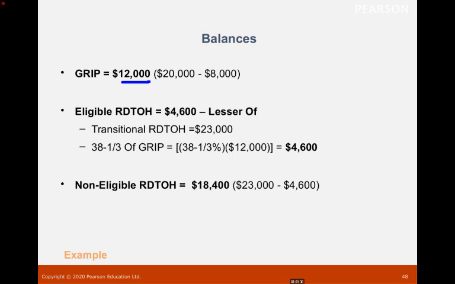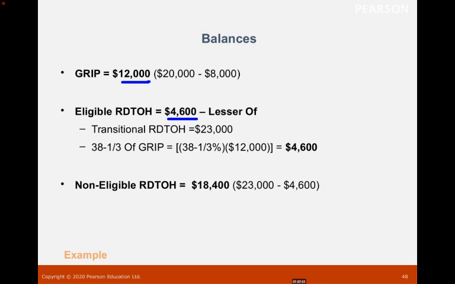We have eligible refundable dividend tax on hand is going to be 4,600. How did we get there? It's the lesser of our transitional number and 38 1/3% of GRIP. So we had to calculate that and then do 38 1/3%.